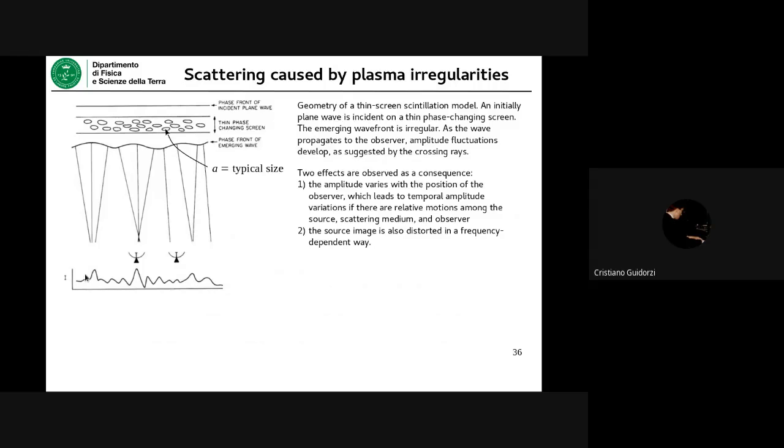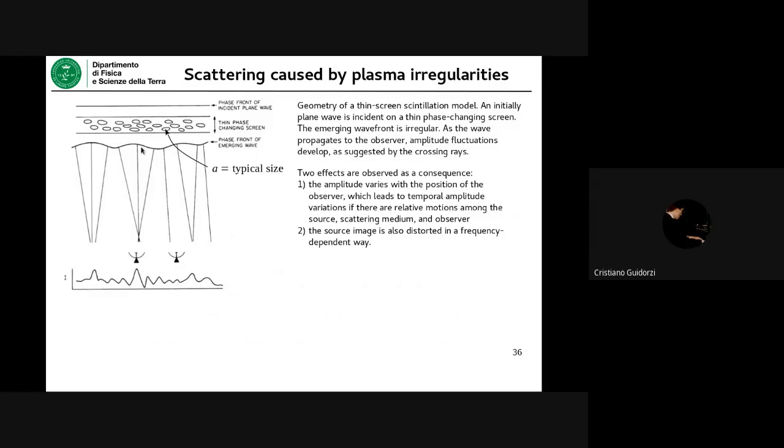You will see that if you measure the flux, you will see some kind of fluctuations due to the different interference that you get as a result of all these rays, which are no more parallel in general. Of course, you have to consider that this is a random process, random because the number of blobs that each ray is going to cross can be considered a stochastic process.